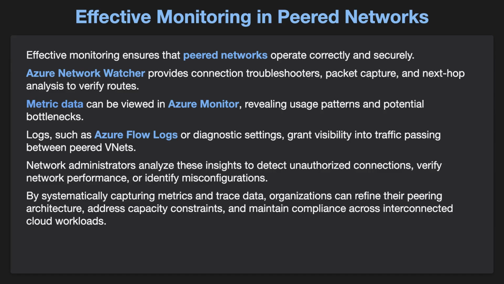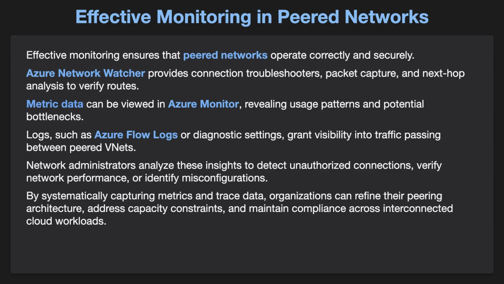Network administrators analyze these insights to detect unauthorized connections, verify network performance, or identify misconfigurations. By systematically capturing metrics and trace data, organizations can refine their peering architecture, address capacity constraints, and maintain compliance across interconnected cloud workloads.